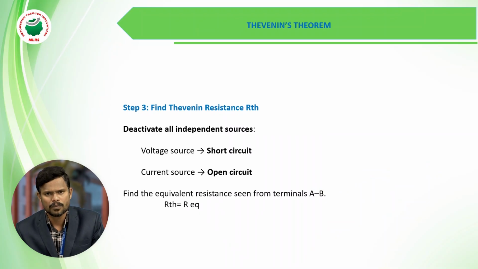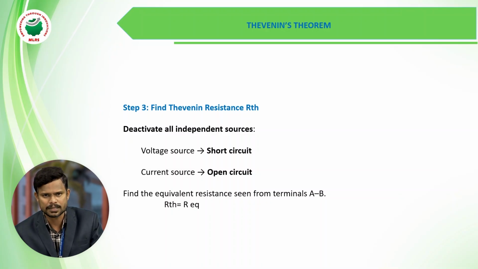Step number 3. Find the RTH across the open terminals. While we are calculating RTH, the sources are replaced with their internal resistances. That means if any voltage source is present in the circuit, that voltage source is replaced with a short circuit. Why?